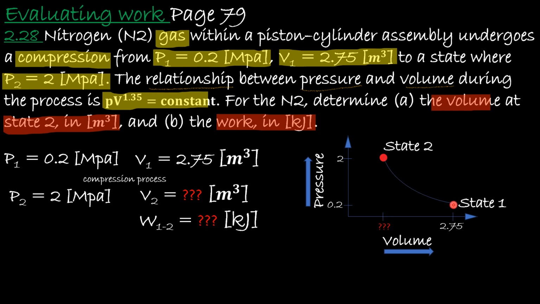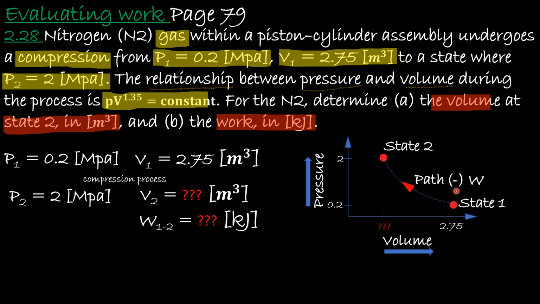And as you can see, this is the path that the gas takes to go from state 1 to state 2. This curved path depends on the polytropic index. So every polytropic index will give you a different curved line. And the path goes from the right to the left.